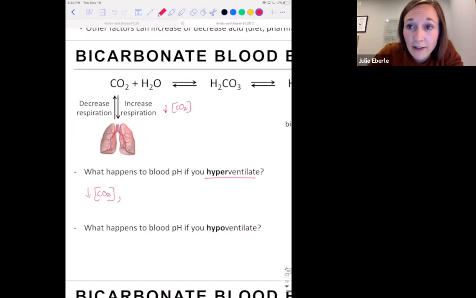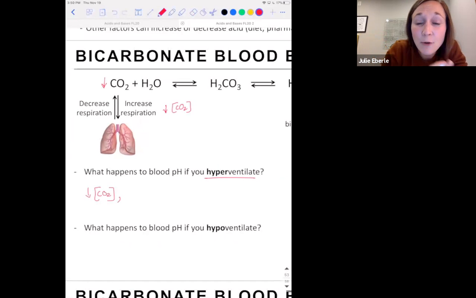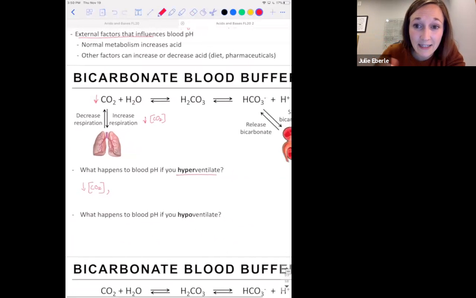Now, according to Le Chatelier's principle, what happens if we decrease CO2? If we take away CO2 as a reactant, it's on the left side. How would equilibrium shift to correct for that? If you take away a reactant, what does Le Chatelier's principle say? Equilibrium will shift right or left.